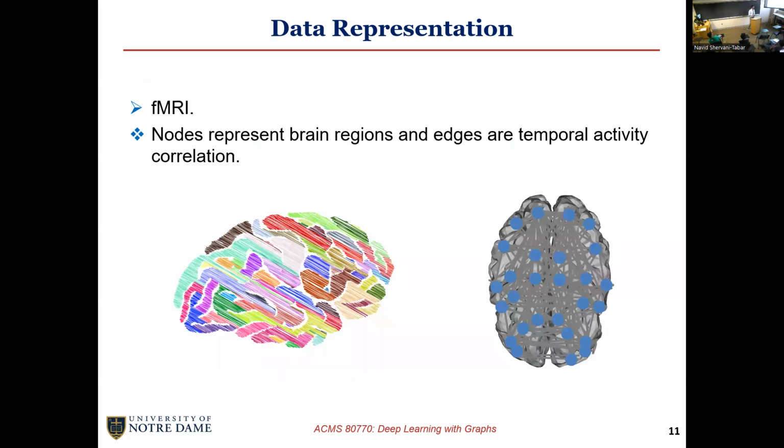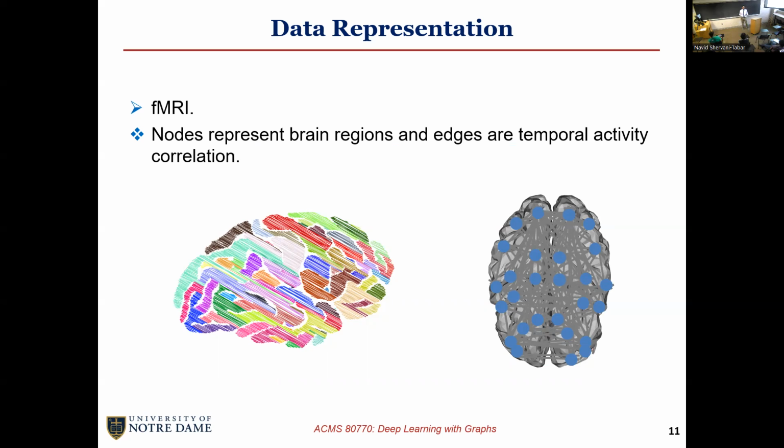fMRI data. Our brain has different regions. These regions work whenever you're doing different tasks. Some of these regions work together, and some of them don't. So people use fMRI to study what regions of the brain are doing what. When two regions, for example this green region and this other green region, are working at the same time, it means that these two are related to each other.